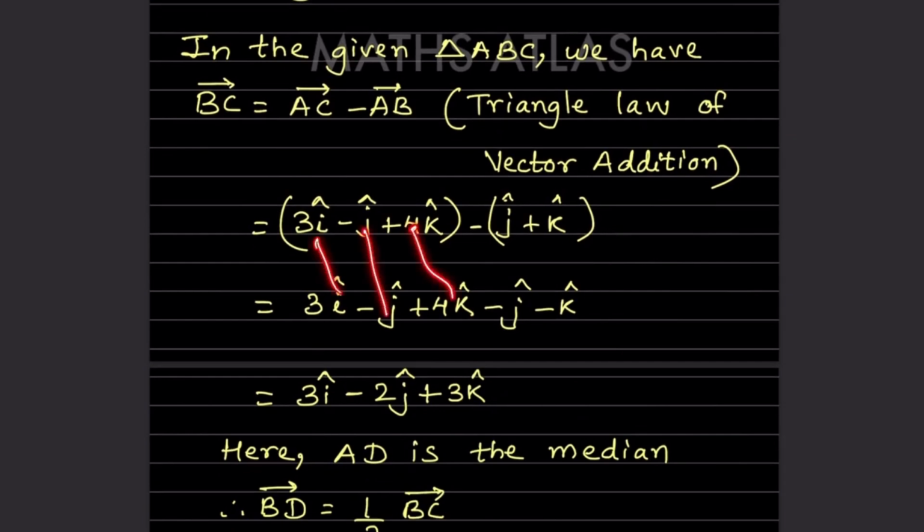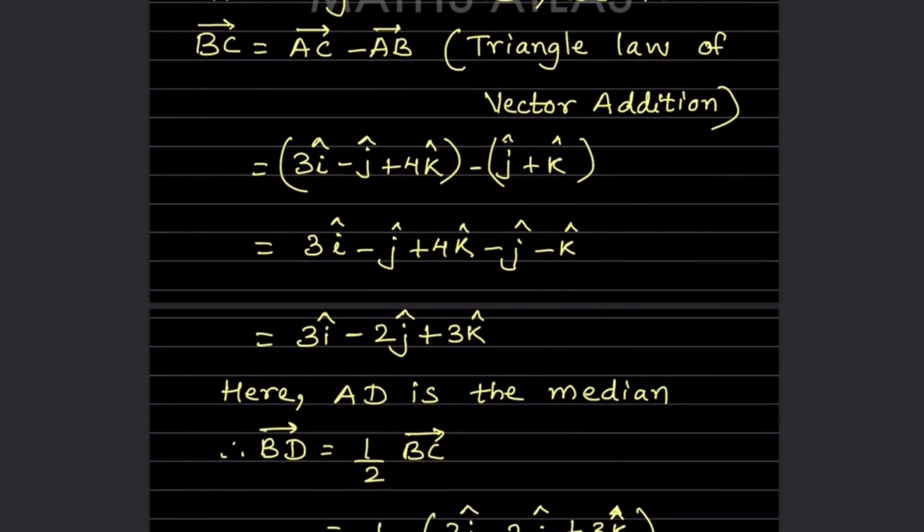This as it is, minus j minus k. So when we take the like terms together, this i is alone over here. j and j means minus 1, that is going to be minus 2. Plus 4 minus this 1 here, so that is going to be plus 3. So whatever we got, this is BC.